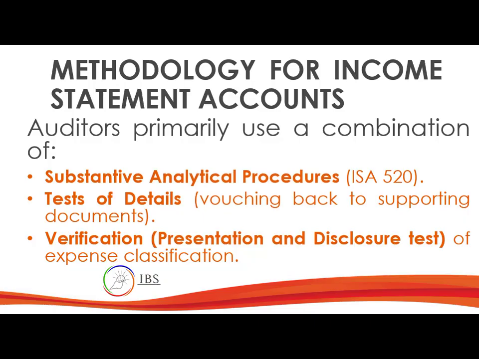It is vouching back to supporting documents. You'll start from the sales account, the sales ledger, and from the sales ledger you will vouch it to the sales journal. After the sales journal, you will have the idea of how many invoices they issued.